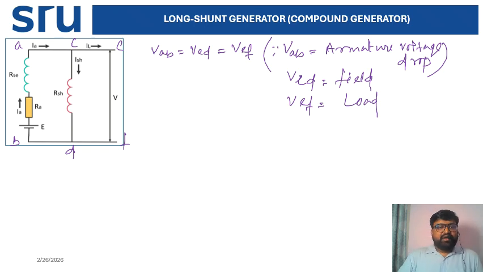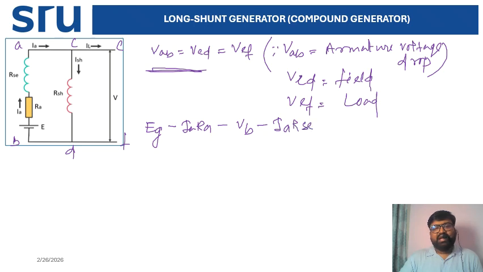Now, step by step, we will do. First, we will take two voltages. Suppose VAB equal to VCD, we are considering. Then the armature voltage, we will write first the equation: generated EMF minus IA RA minus VB. We can keep minus IA into RAC. This factor is newly added in this system.